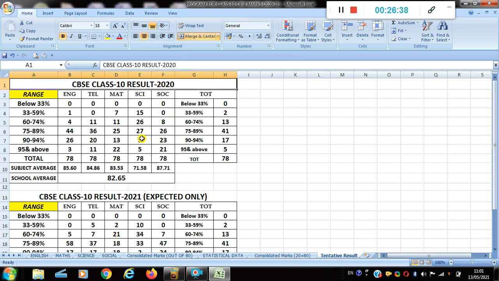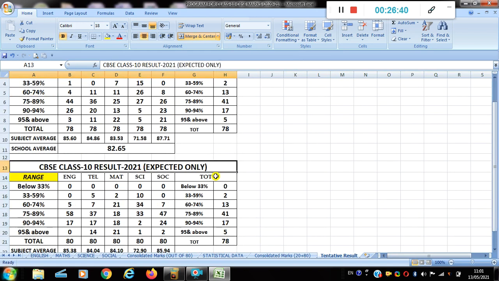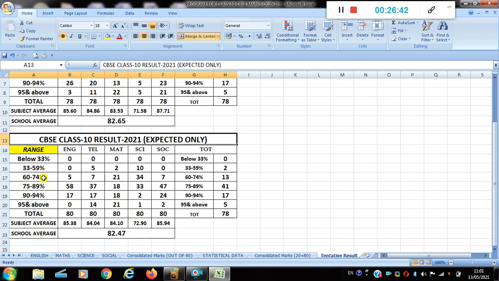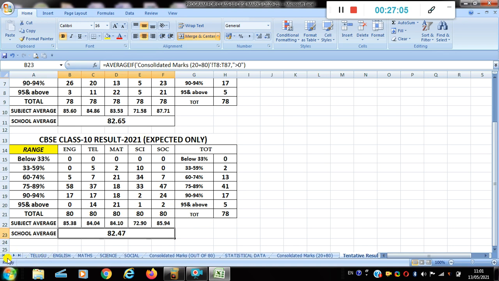This is my last year's result, and this is the expected result for 2021 in these ranges: below 33, 33 to 59%, 60 to 74%, overall result, 75 to 89%, 90 to 94%, 95 and above, total up to 100. This is coming up to 82.65, whereas this year it is coming up to 82.47. I hope this program will help you people.